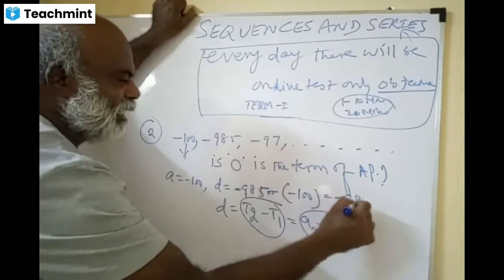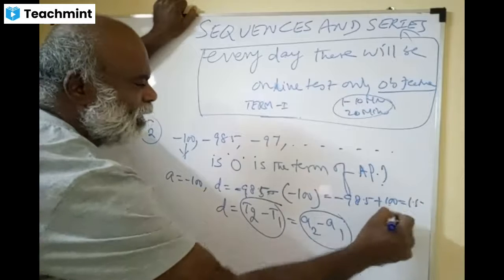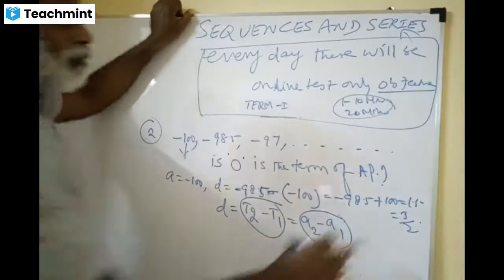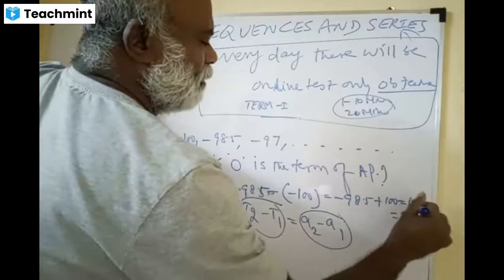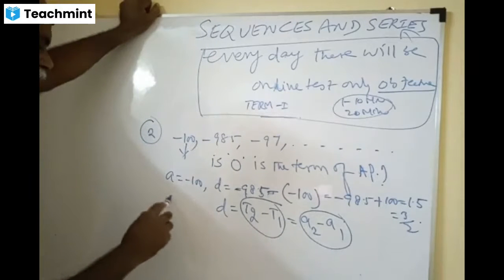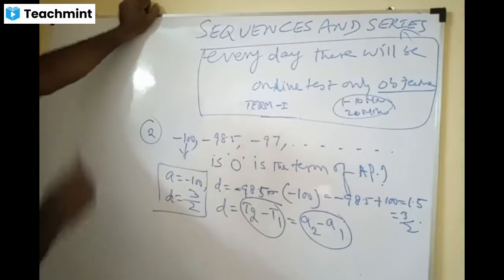So minus 98.5 plus 100. What do you get now? 1.5 or 3 by 2. Yes or no? Is it clear? So you know A is minus 100 and D is 3 by 2. These are the two things.